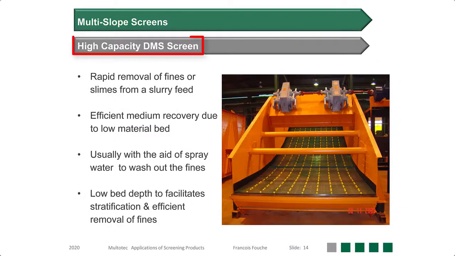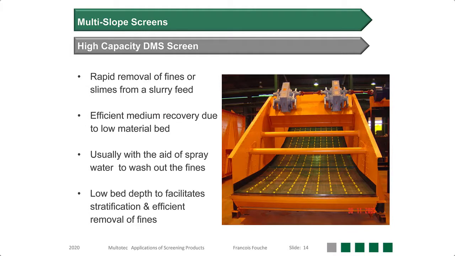All of this has changed with the introduction of the multi-slope screen. These screens are high capacity machines. Why? Because of the quick stratification that takes place. And why does this happen? Because we almost end up with a monolayer thick bed of material on the top slopes.